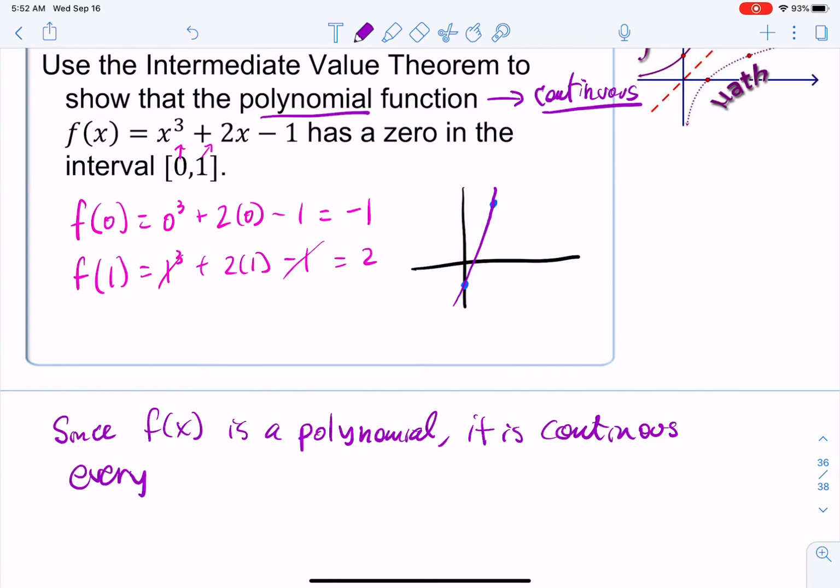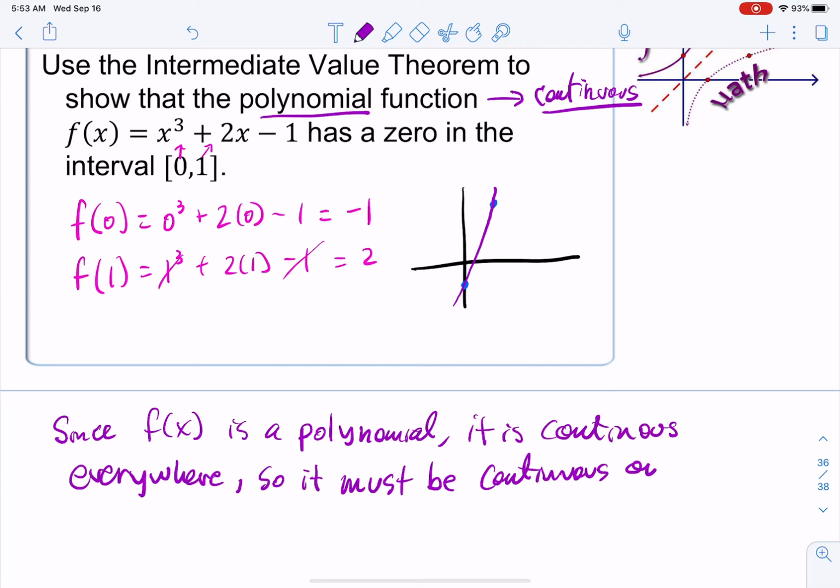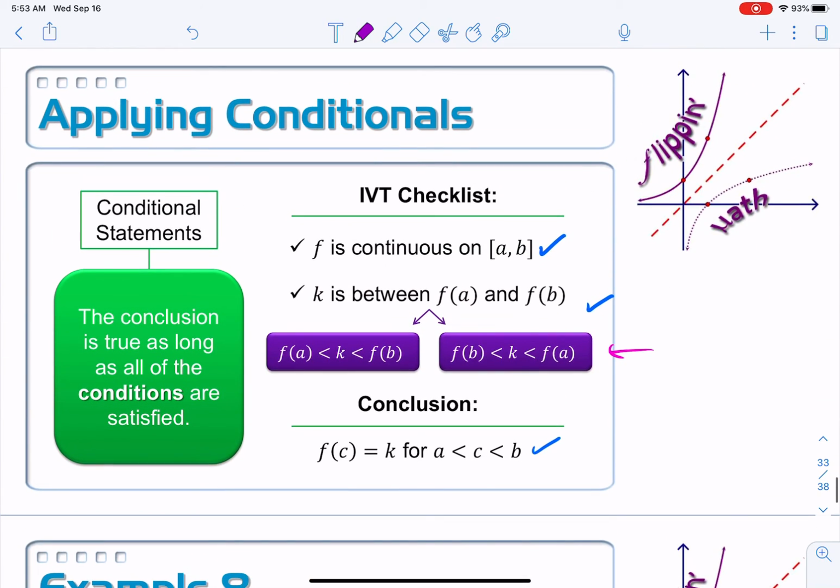That just simply means from -infinity to +infinity. So it must be continuous on the closed interval from 0 to 1. Let's go back to my checklist. Now I'm going to put purple checks on there.